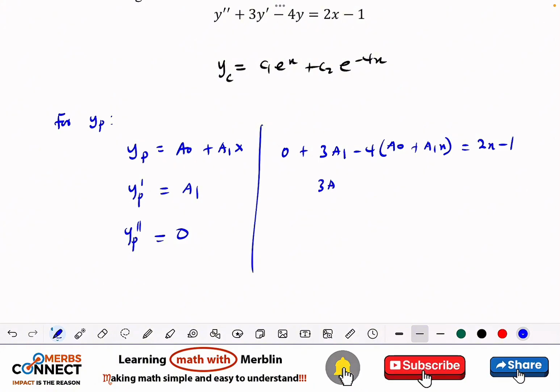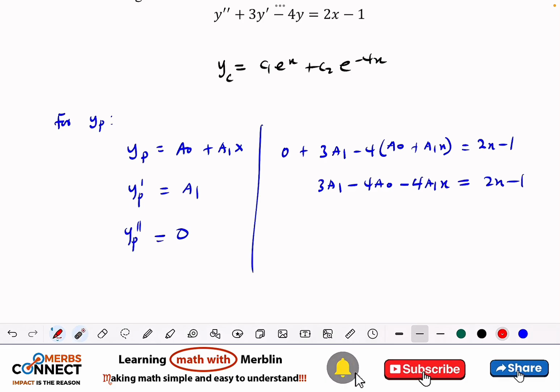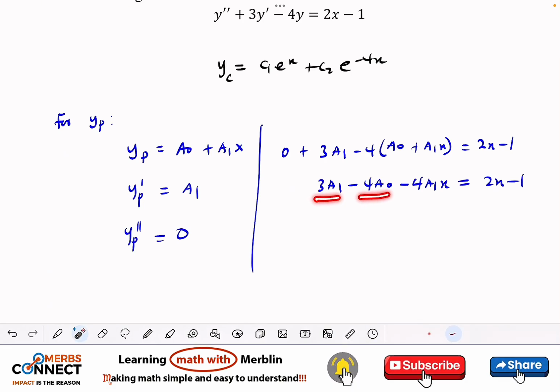So let's simplify. This is 3a1 minus 4a0 minus 4a1x, which is equal to this. So let's group like terms. Now, we can see that these are not the same, because this is a1, this is a0, and this is a1 going with x.